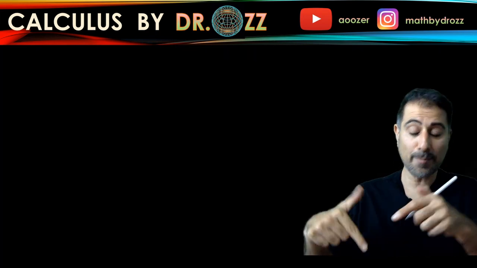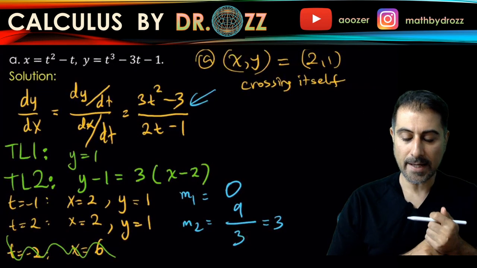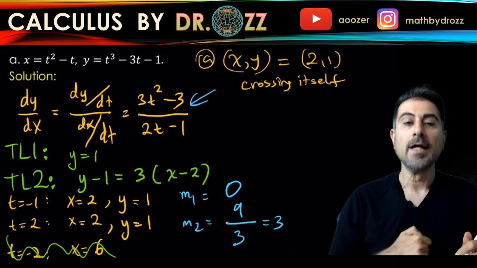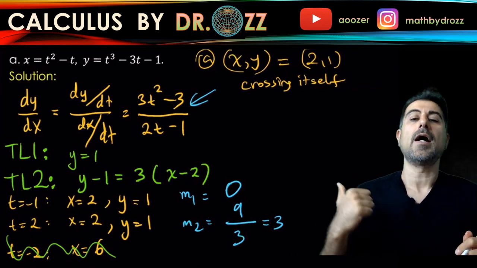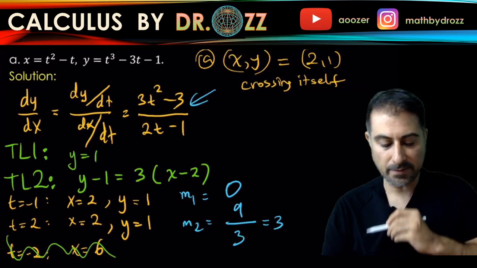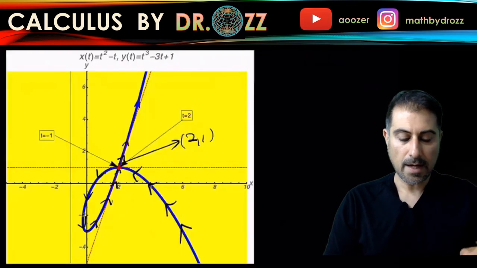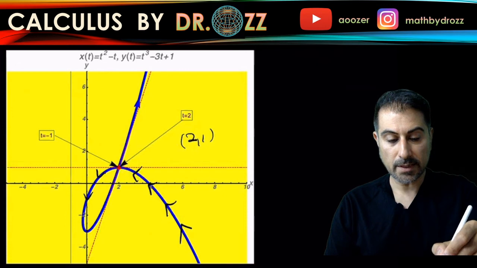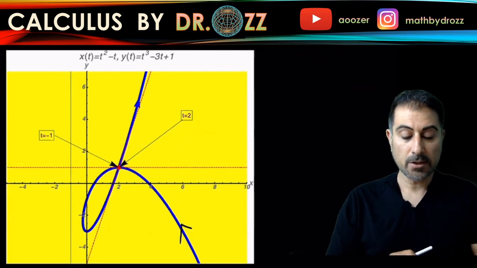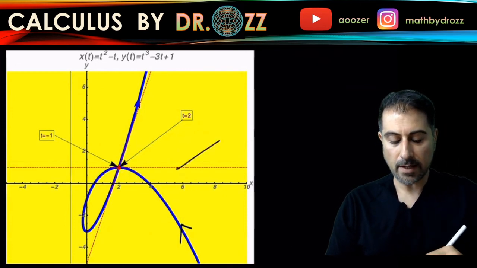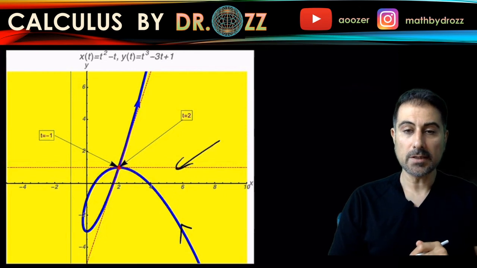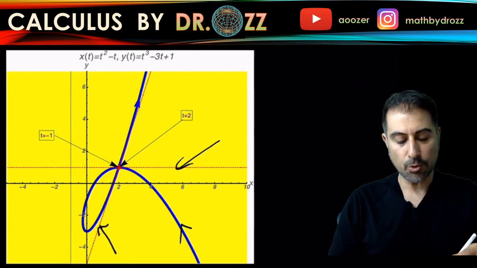Okay, so now I can go back to my original graph and verify that I have one horizontal tangent line and another one with positive slope. Let me just clean this up. As you see, I have one horizontal tangent line, which is the dashed line here, and I also have a tangent line with a positive slope.